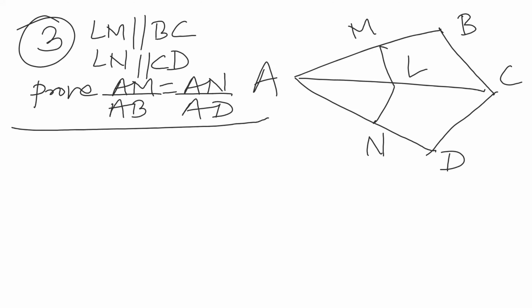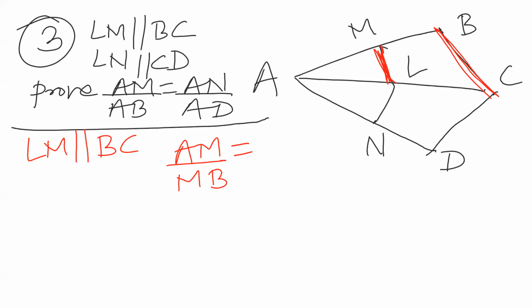First of all, find the conclusion from the data given. So the data is: LM parallel to BC in this triangle. So applying the basic proportionality theorem, we will be having, tell me, what? AM by MB equal to AL by LC, correct?